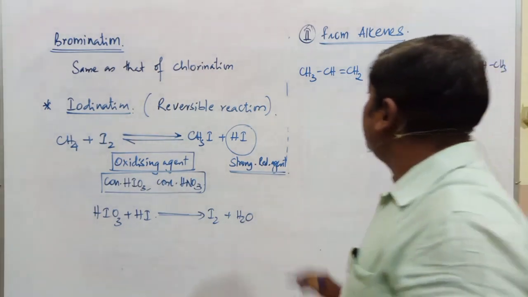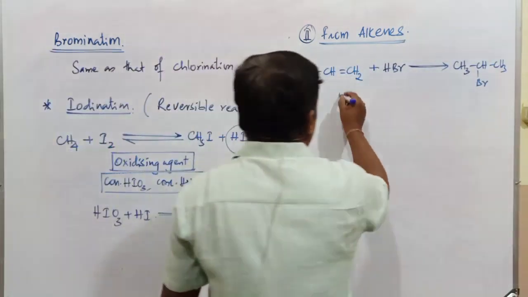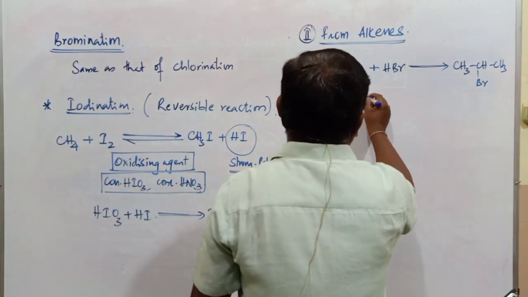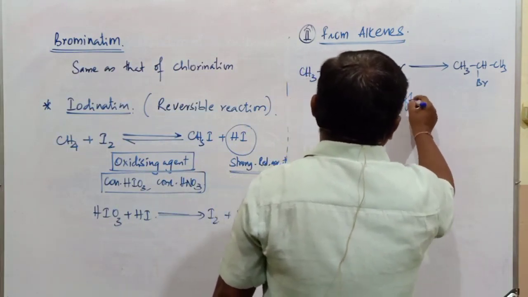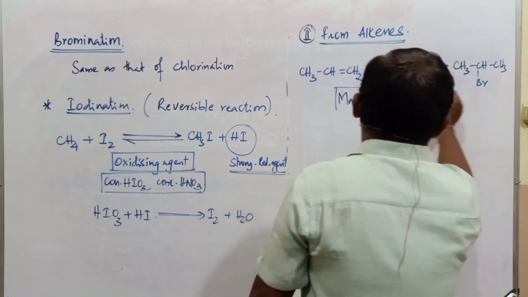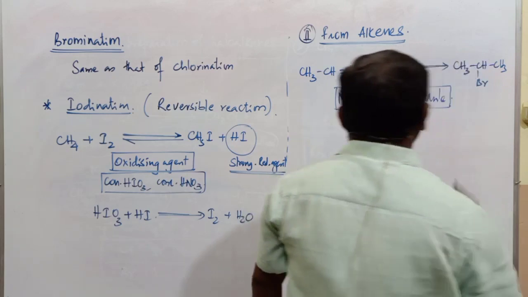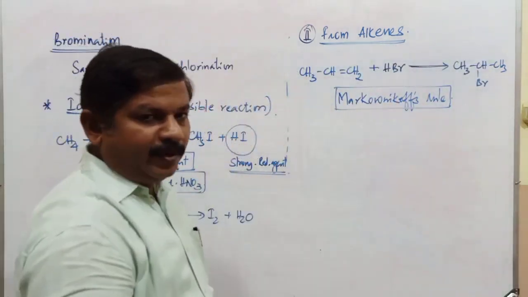First, you will see the mechanism of this reaction also, and this reaction takes place according to one important rule, that is Markovnikov's rule. Based on Markovnikov's rule, this reaction takes place. Do you know the meaning of Markovnikov's rule?